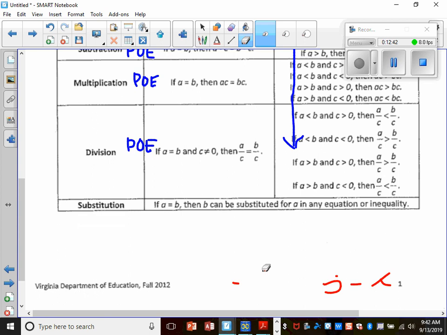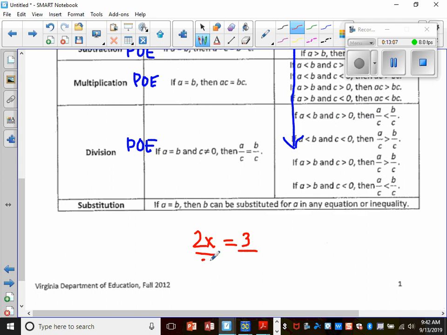It says if A equals B, then B can be substituted for A in any equation or inequality. So basically, when you're solving the equation and you get down to, let's say this is your last step, 2x divided by 3, you do your division property of equality, and then you say the answer equals 1.